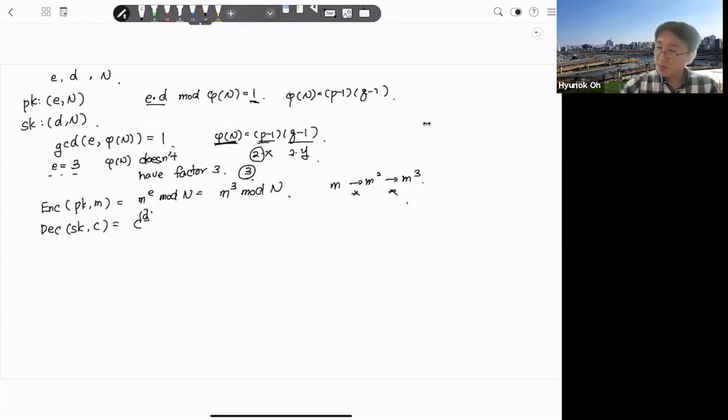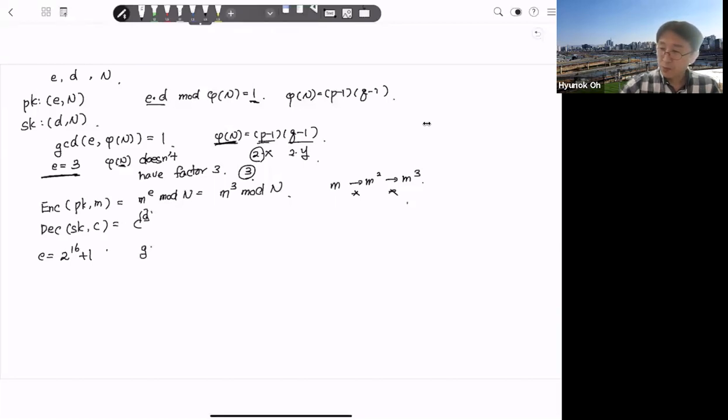But if E is 3, in that case phi N must not have factor 3, so maybe we have to try a few more times to find that N. What is the typical E value? There is 2 to the 16 plus 1. That is also a prime number.